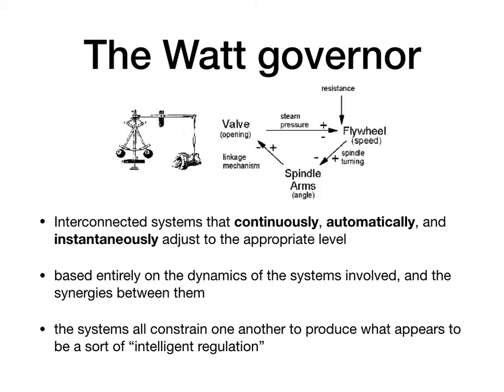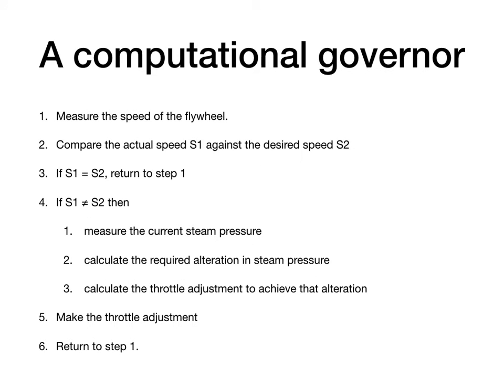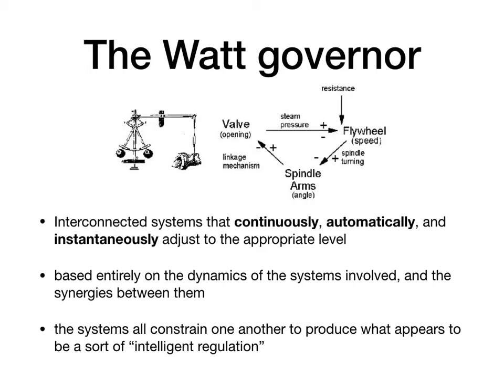So these systems all just automatically constrain one another to produce this intelligent regulation. That we saw in the computational governor, the idea of, this is how you would have to observe and maintain, keep vigilance on this system to make sure it works properly. But the Watt governor does all of that just by exploiting the rules of physics in an intelligent way.